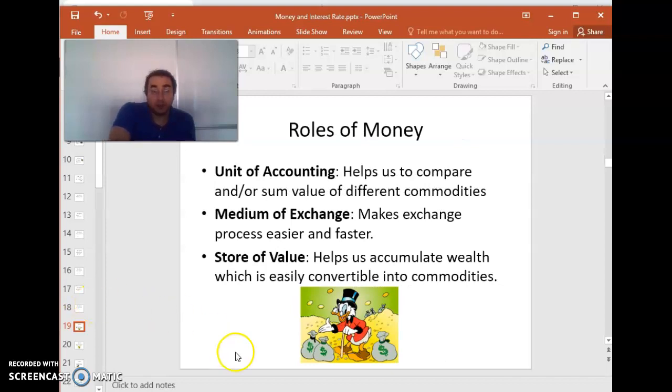Well, as a first point, we will talk on the roles of money. First, it's a unit of accounting, which basically means that if we want to add up the value of different things, as we have seen in the case of house and car, we want to add their values, even though the person has not sold them and they are not actually converted to money.